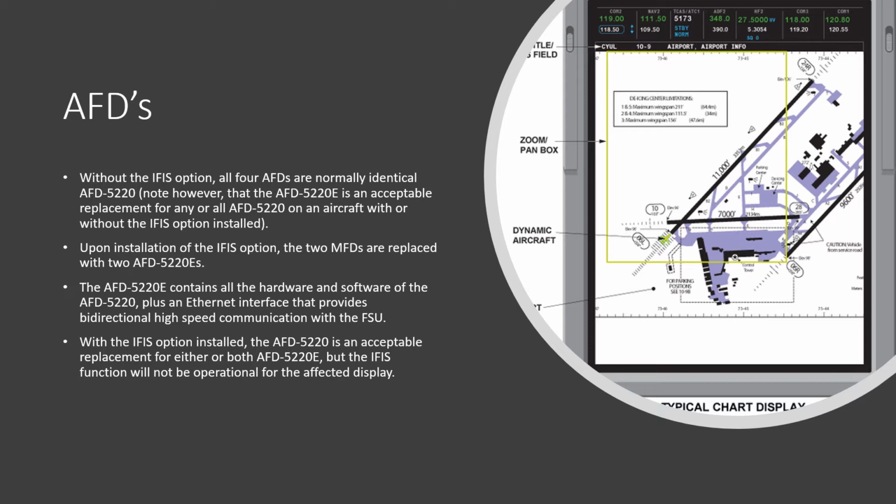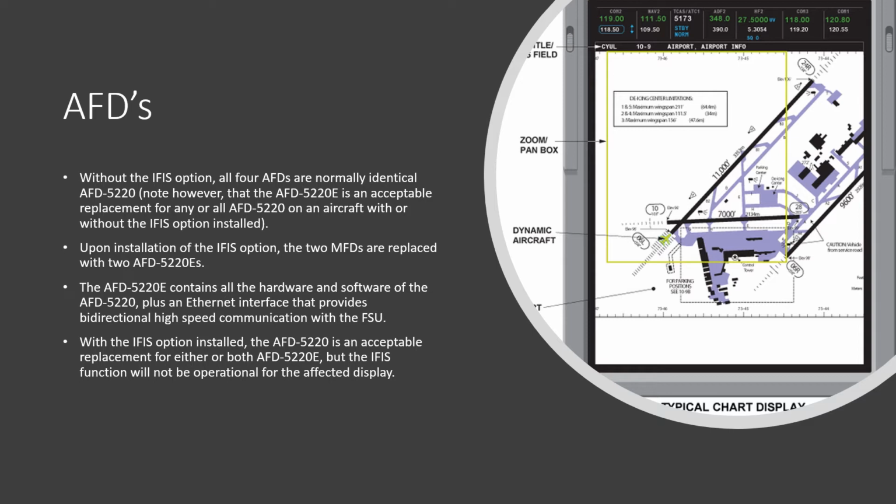So for the flight displays, all four flight displays are normally identical. They are the AFD 5220 models. If you have the optional IFIS system installed, you have to upgrade the MFDs to 5220Es.